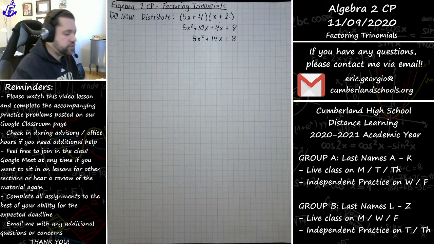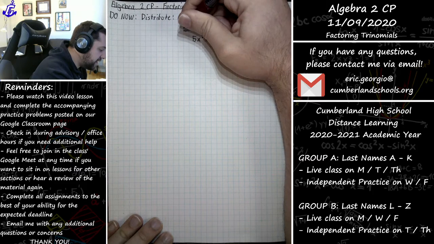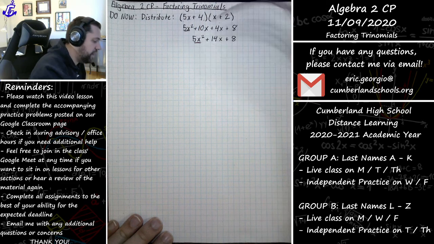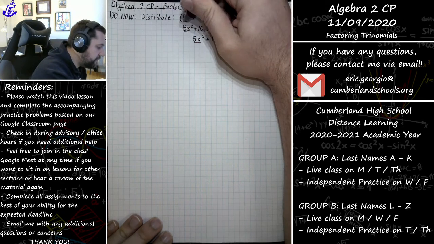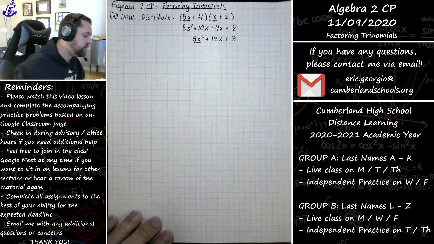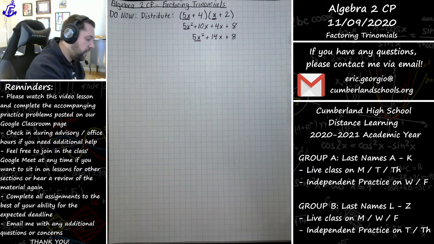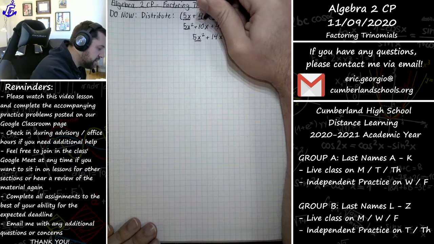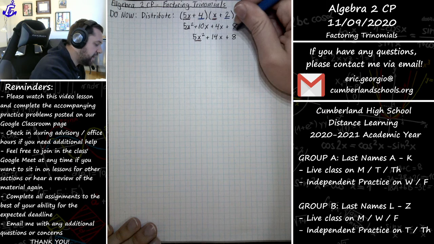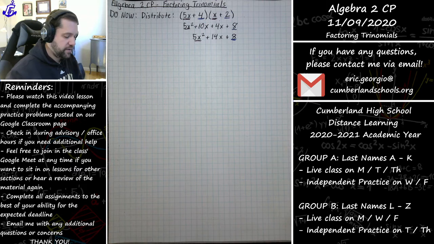Okay? And I think it's very important to note how these terms actually come about. Notice that this 5x squared right here really comes from doing 5x times x. It comes from multiplying these first two terms together, correct? This last term, the plus 8, really comes from multiplying these last two terms together, the plus 4 and the plus 2, correct?